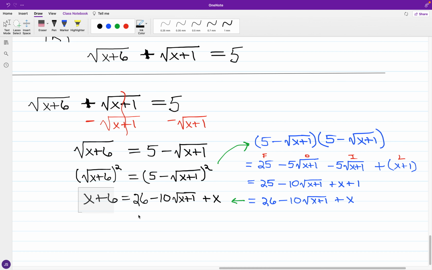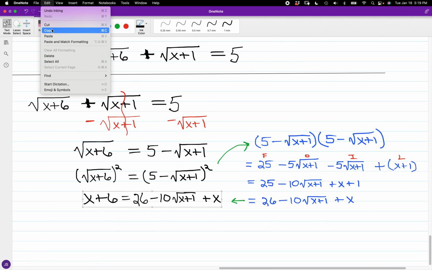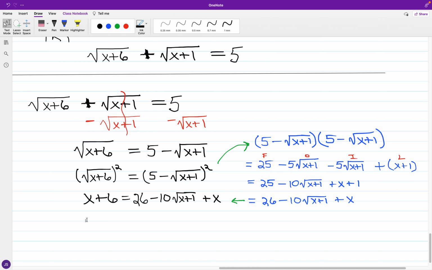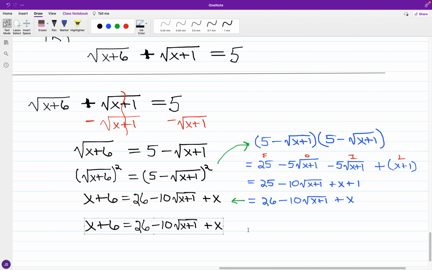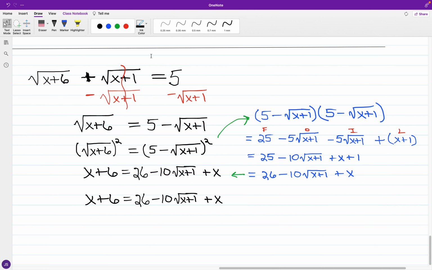And just notice we still have a radical term with negative 10 times the square root of x plus 1, and just moving the x and the 26 over.